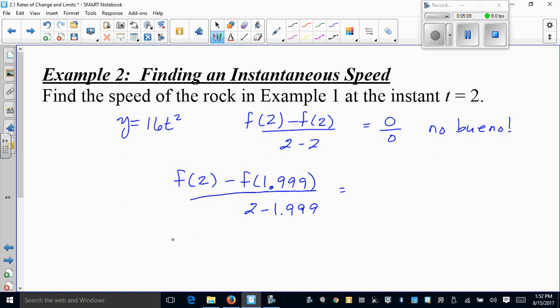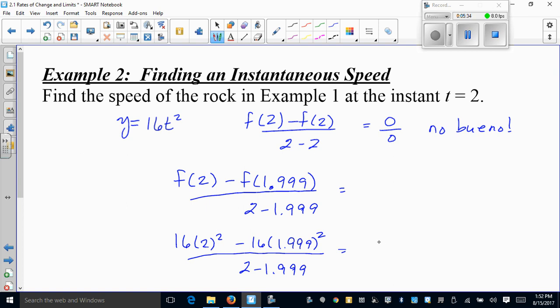So we have 16 times 2 squared minus 16 times 1.999 squared, all over 2 minus 1.999. Now we're going to jump onto a calculator and do the math instead of writing this all out.